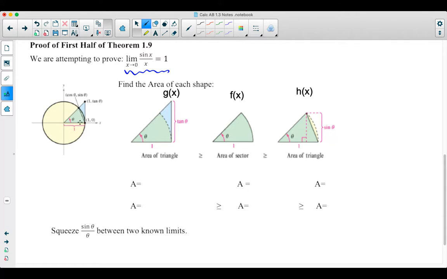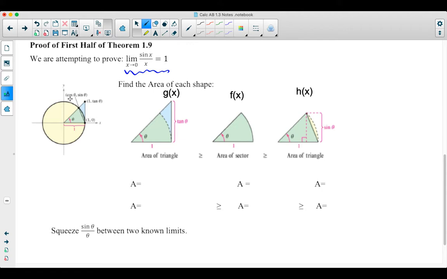And then you have this small triangle right here, and then you have a larger right triangle. So our sector is sandwiched in between the larger triangle and the smaller triangle. So the smaller triangle, if we look at the squeeze theorem, would be our h of x. This larger triangle would be our g of x, and then the f of x in the middle is this sector.